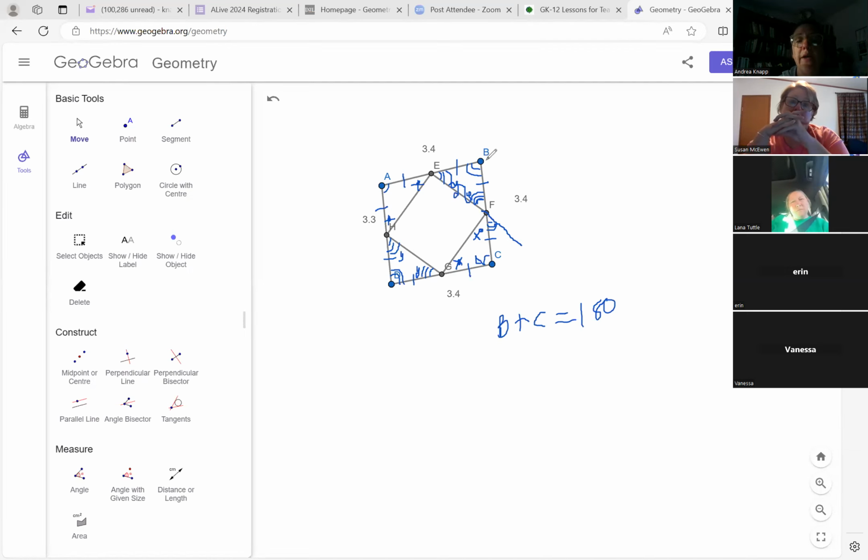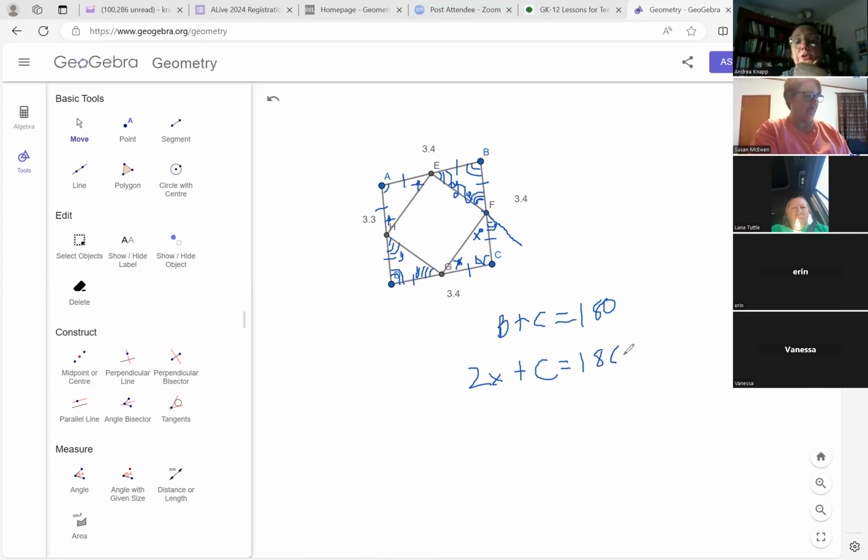All right, now I know angle B plus angle C has to be 180 because, well, this is a special parallelogram, but we also know that 2x plus angle C is 180 because the angles of the triangle have to always be 180. Okay, so now I'm going to subtract C from both sides of these equations.